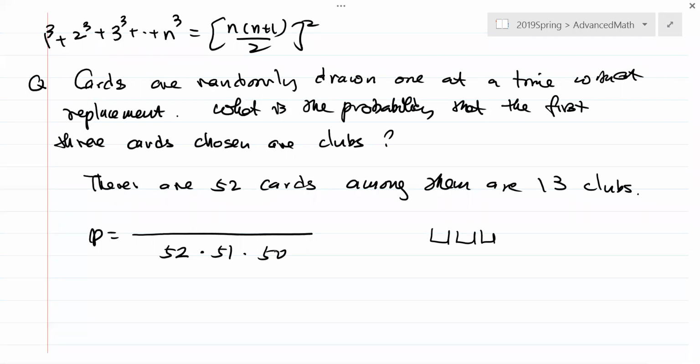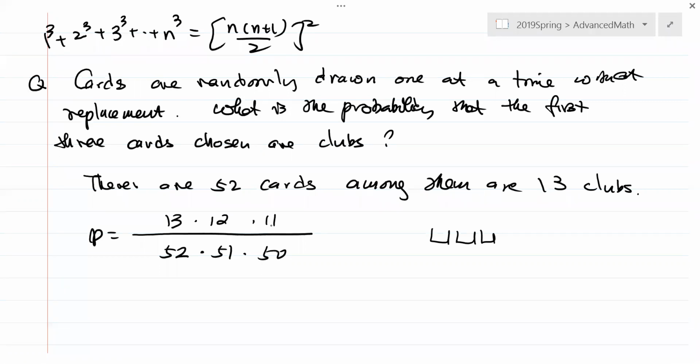But for the numerator, you only consider the clubs. So there are 13 clubs. When you pick 3 cards, the number of desired outcomes will be, first of all, 13 clubs you can choose. Then next step will be 12. Then 11. This is the number of outcomes where the first 3 cards are clubs. Then you simplify. Don't multiply them out immediately.